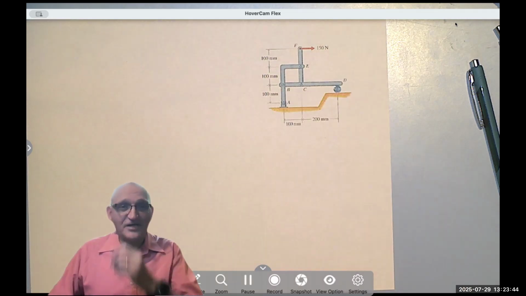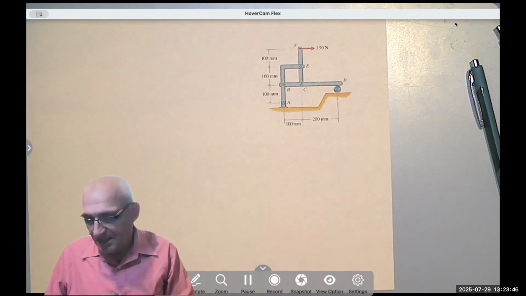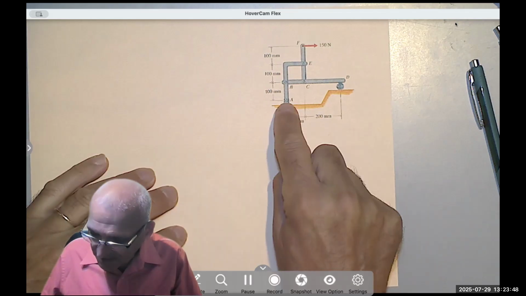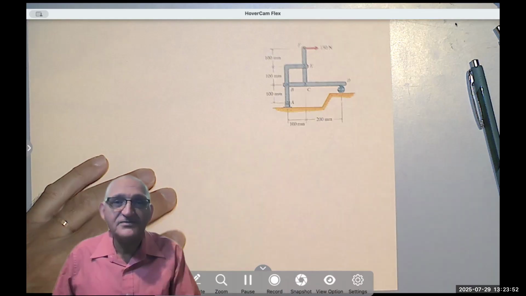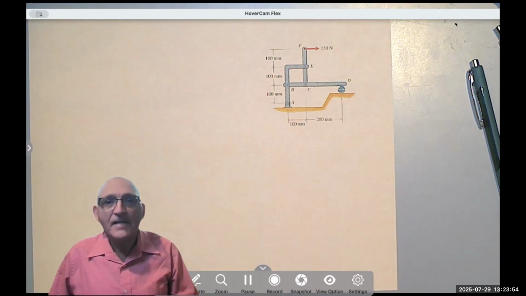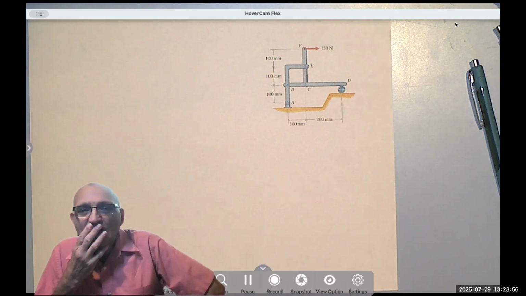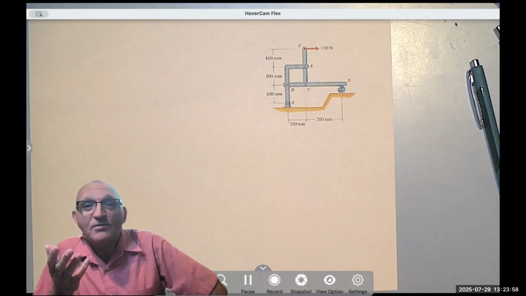So here's a frame. That's a simple frame. I can see three members, member ABE, member BCD, and member CEF. I don't know which one the problem may ask you. Let's pick the one that has the most unknowns.